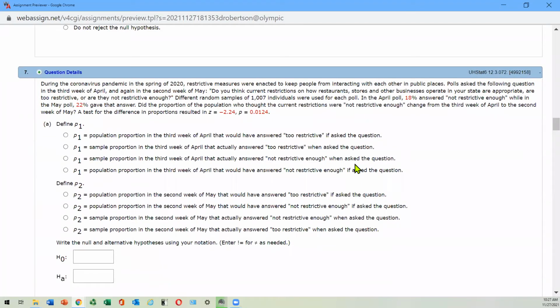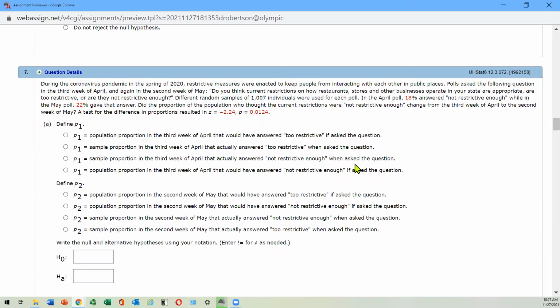During the coronavirus pandemic in 2020, restrictive measures were enacted to keep people from interacting with each other in public places. Polls asked the following question in the 3rd week of April and again in the 2nd week of May. Do you think that current restrictions on how restaurants, stores and other businesses operate in your state are appropriate? Or are too restrictive?